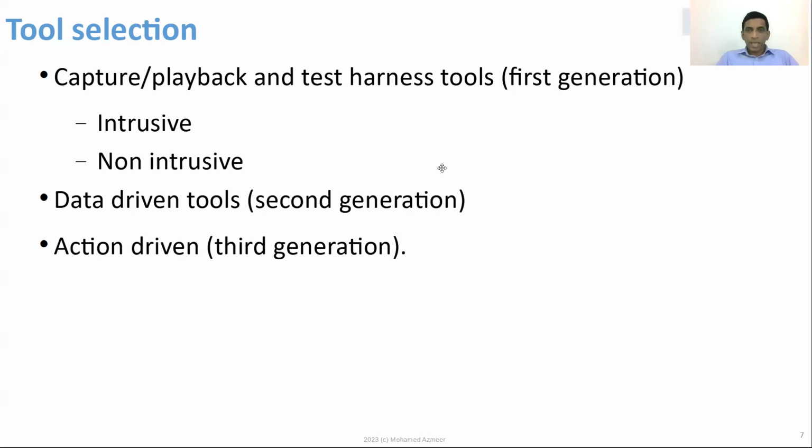And the third generation is action driven, where you can do all kinds of stuff, right? You can have a test program written separately along with the actual program. So they run together, for example. And you can also have actions, like if something goes wrong, what to do, stop production or roll back to the previous state, things like that. So the third generation is much more sophisticated.